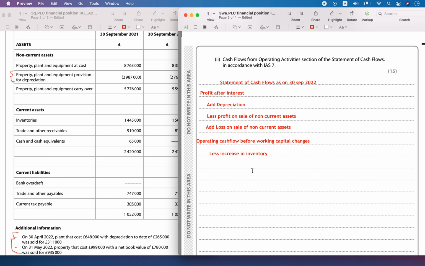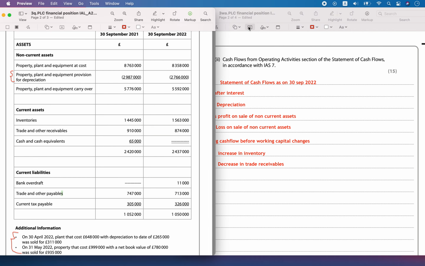So an increase in inventory I will subtract, and a decrease in trade receivables I will add. Remember inventory and trade receivables as inverse correlation: an increase in inventory means I will have to lessen that, and any decrease in trade receivables I will have to add back.